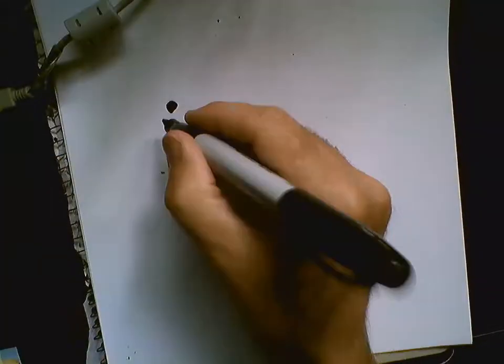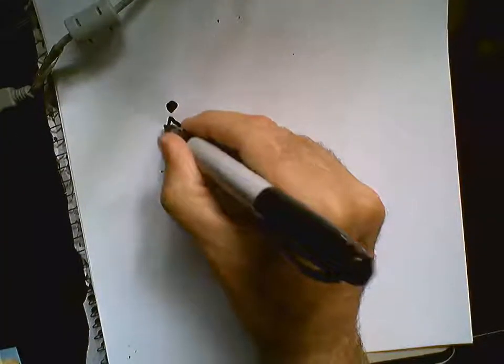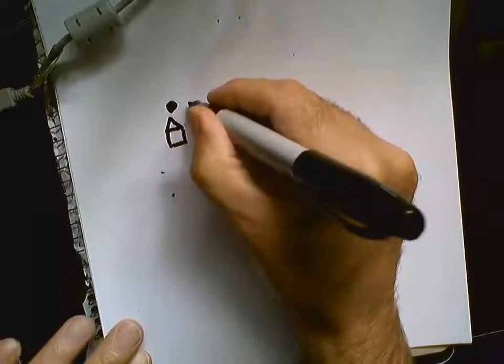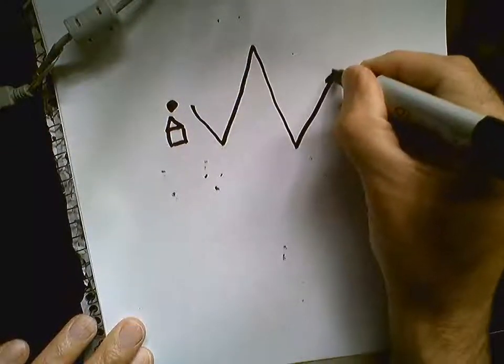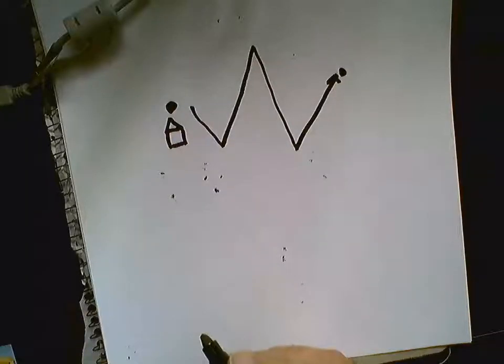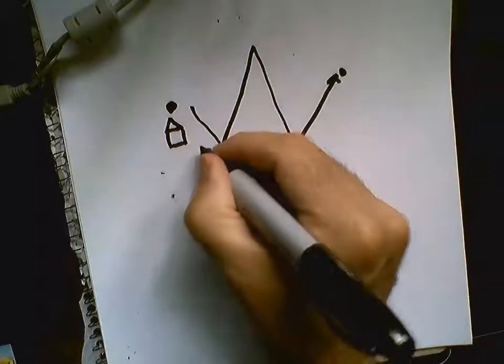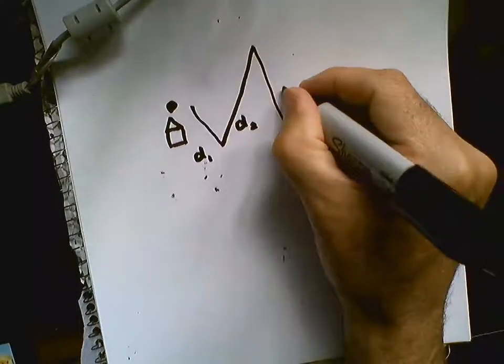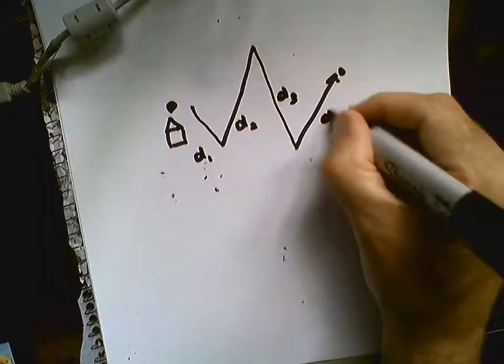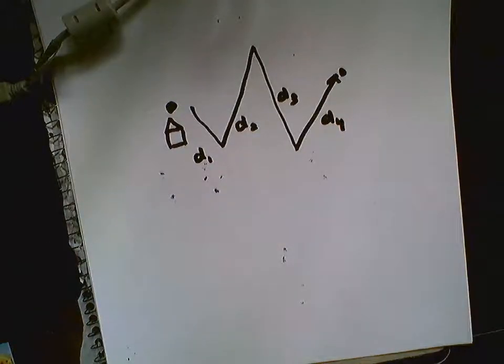If we had a starting point, like a house, and a person traveled like this, and we wanted their distance, we would add up D1, D2, D3, and D4 to get their distance.